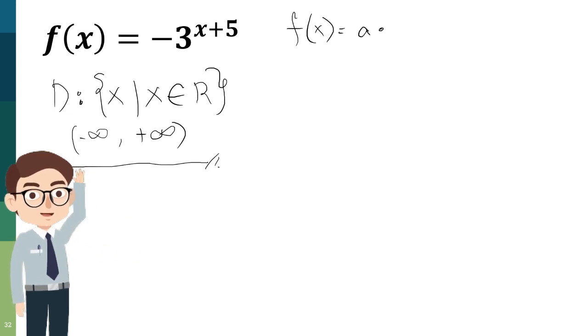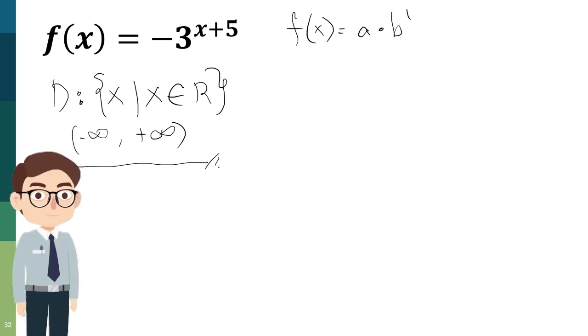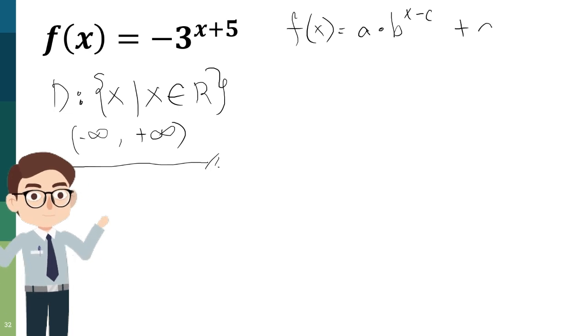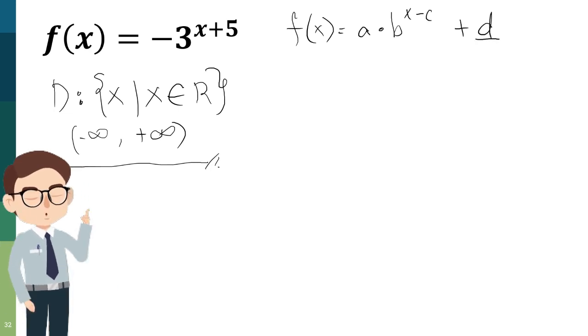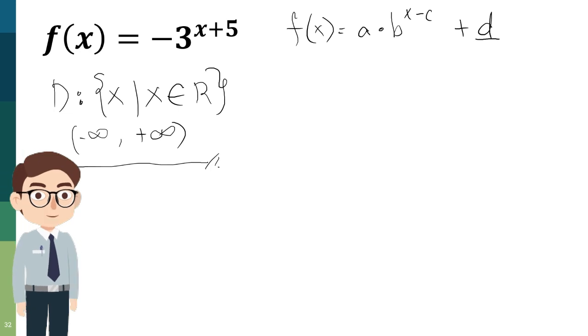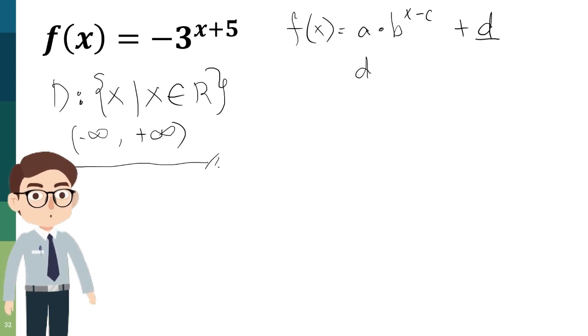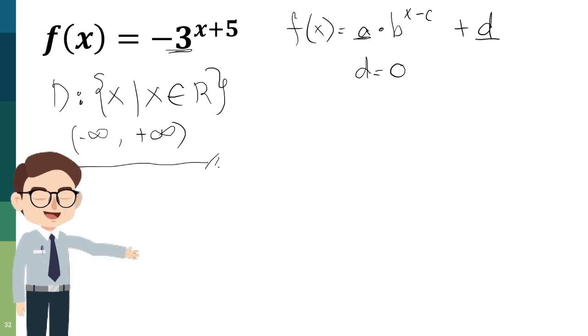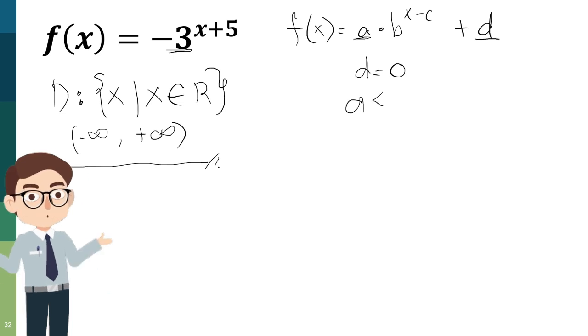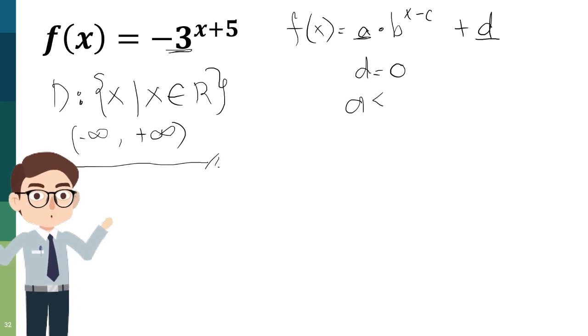For our range, our function is in the form of f of x is equal to a multiplied by b raised to x minus c, plus d, wherein d is our horizontal asymptote. But we don't have a value of d in our given function. Therefore, our d is equal to 0. Our a is negative 3, that is, a is less than 0.